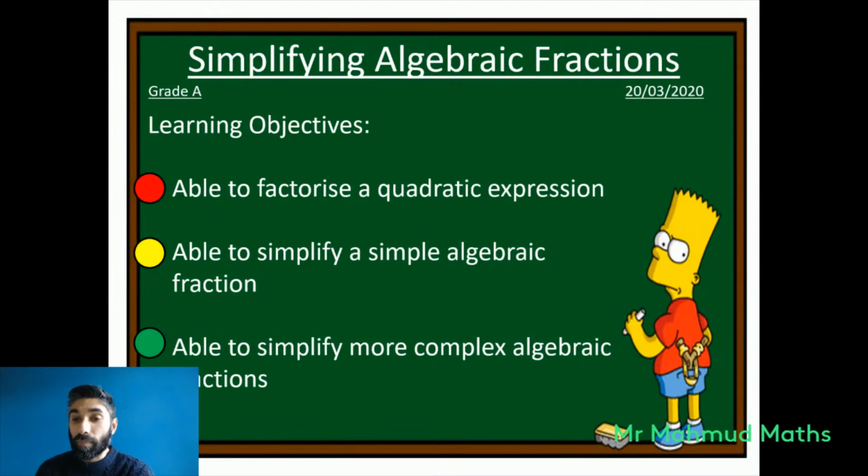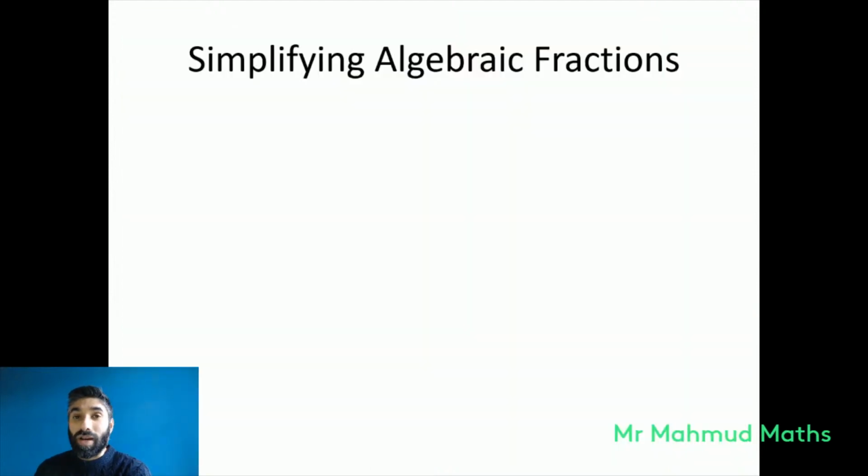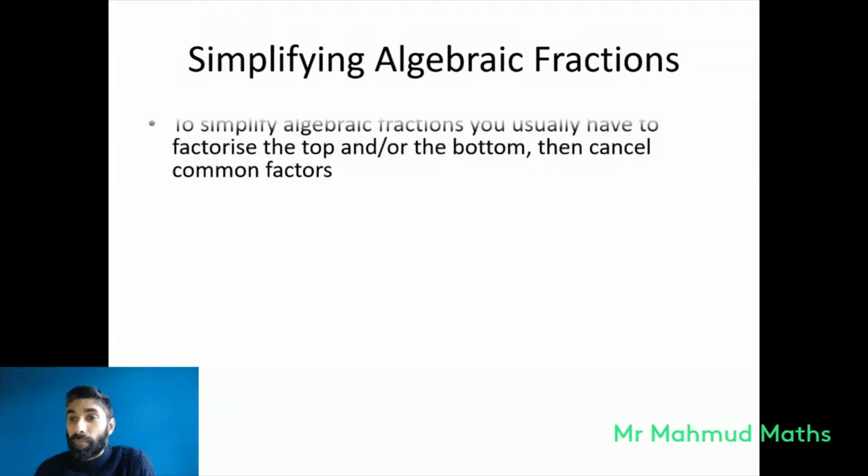Now, simplifying algebraic fractions. Let's have a look at an example, what we actually mean by that. To simplify algebraic fractions, you usually have to factorize the top and/or the bottom, then cancel common factors. Just like a normal fraction.